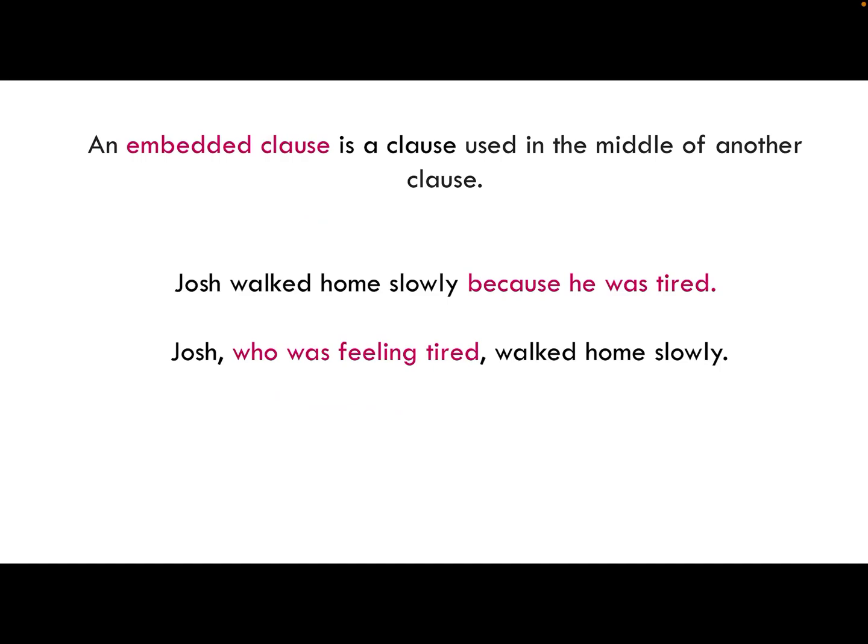Now, an embedded clause is simply a clause that we place in the middle of a sentence. In this case, our embedded clause is also a relative clause because it relates to Josh. And this one is also a relative clause because it relates to Josh. So we've got our subordinate clause here at the end, subordinating conjunction.